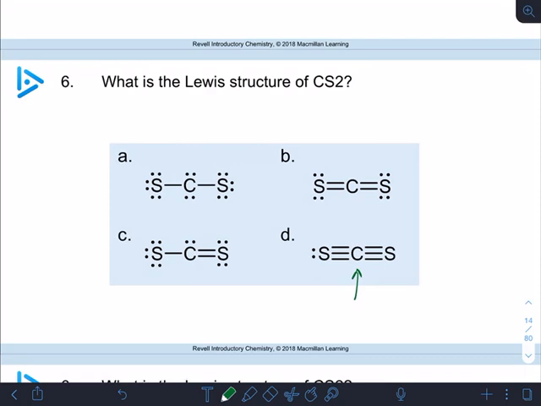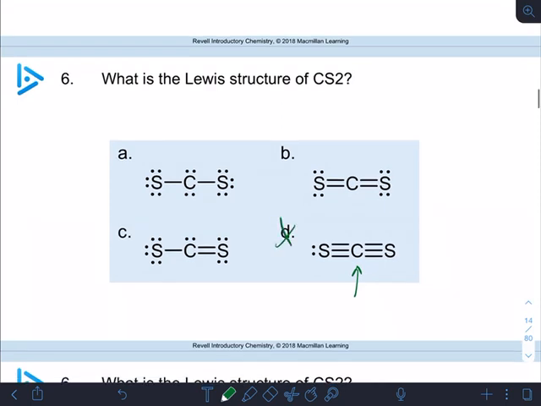So right away, I can look at this particular drawing and see that that carbon has 2, 4, 6, 8, 10, 12 electrons around it. Carbon has to follow the octet rule. That right-hand sulfur only has 6, and it has to have at least an octet. So this one's a no-go.